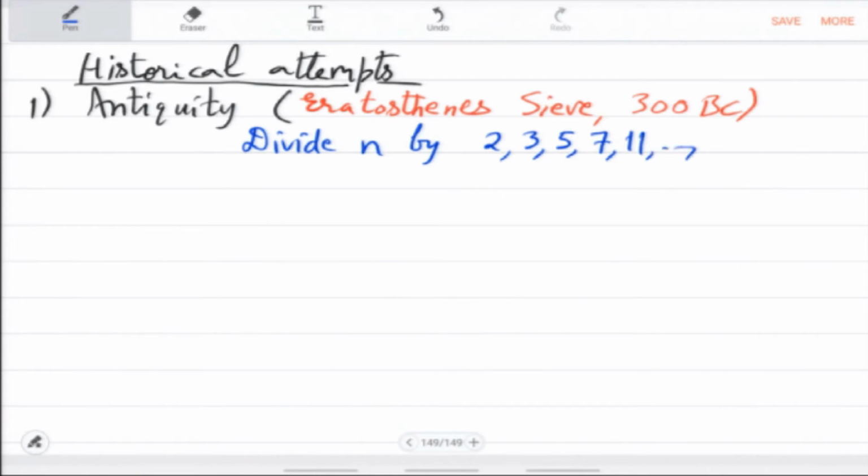You only need to go up to square root n. Okay, so divide n by the primes appearing before square root n, and if it is not divisible by any of these, then it means that n is a prime number. That's the algorithm.